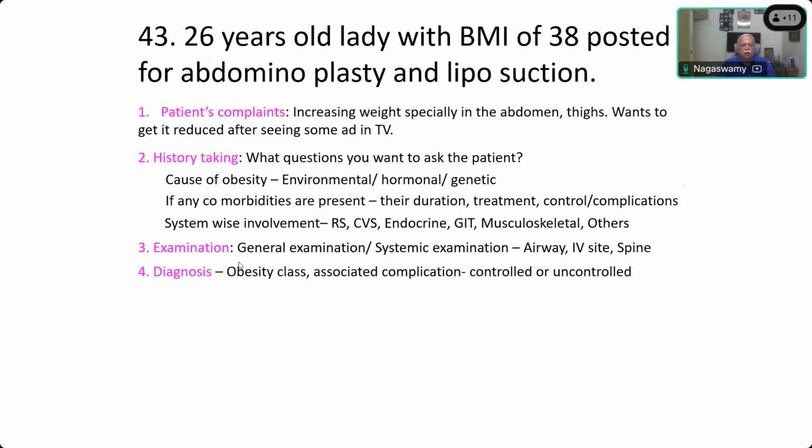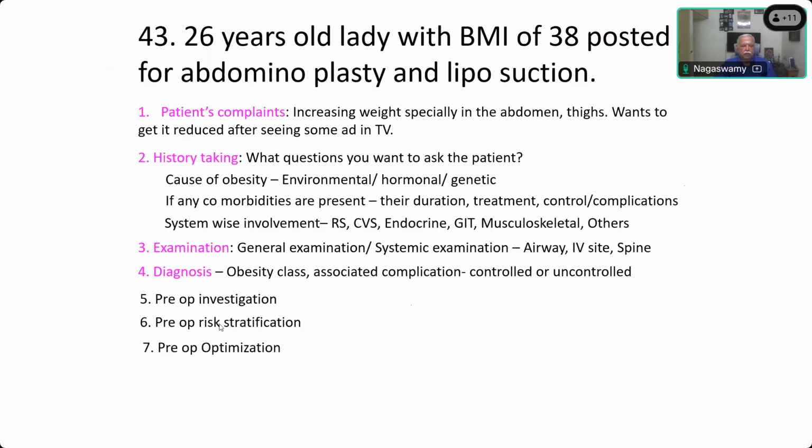And for the diagnosis, you must first of all mention the obesity class. Don't forget it at all. And then go for the associated complications and say whether they are under controlled level or uncontrolled. Then pre-op investigations, and post-op risk stratification is very, very important.